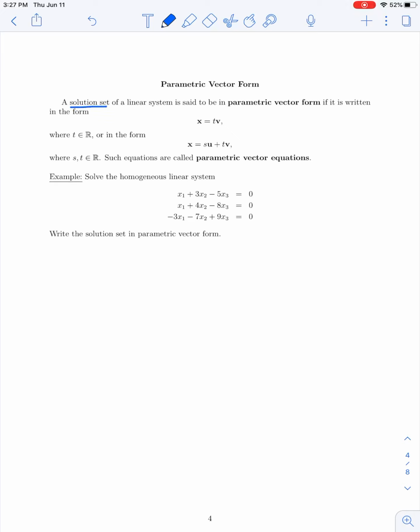Let's suppose that we find the solution set of some system, and it involves a free variable. So we could say that that solution set is in parametric vector form if it can be written in the form some vector x is a free variable, or a parameter t, times a vector v.